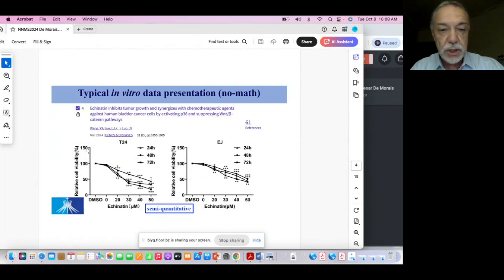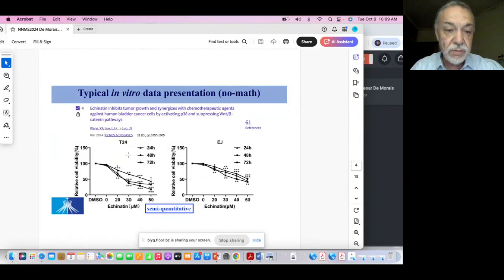So here we have one experiment testing a chemotherapeutic agent, echinacin. And they used two cell lines to test the cell viability or the cytotoxicity when they are challenged by this chemotherapeutic agent.